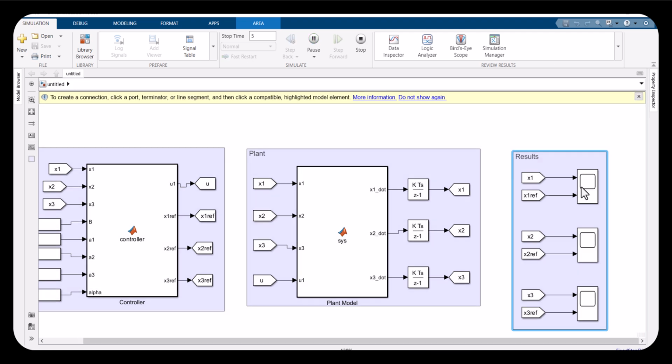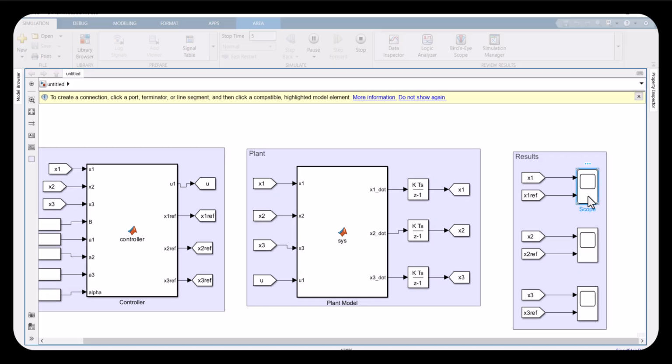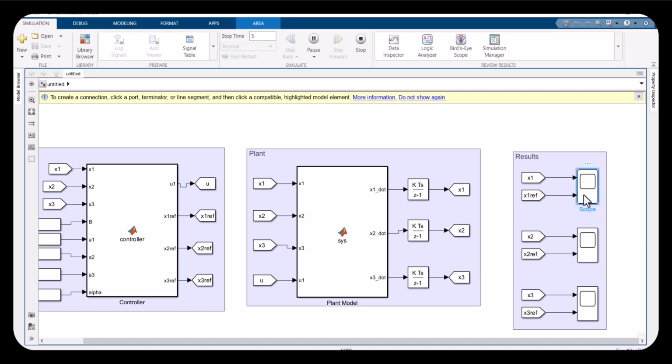Okay, so it's running and it's done. So let's open this scope number one. Double click on this and the scope will open.